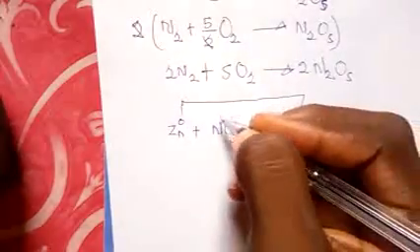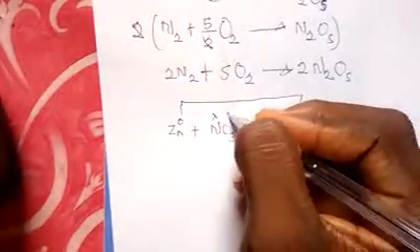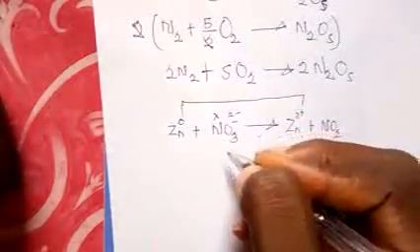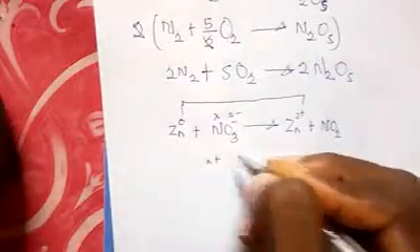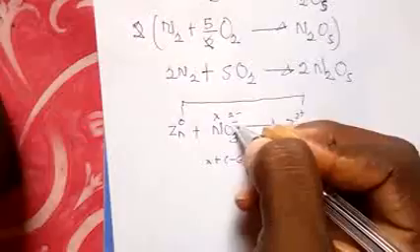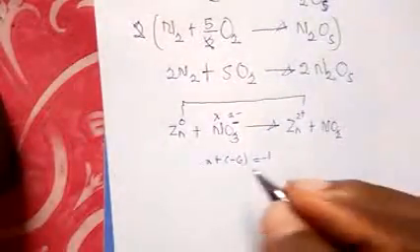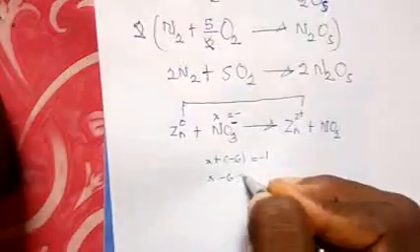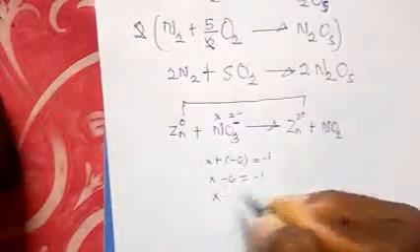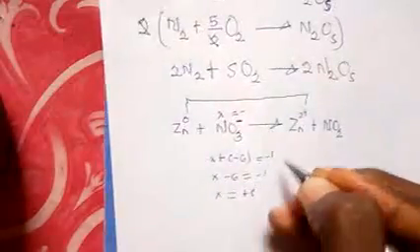Now, N here is X. Always O is 2 minus. So we have X plus 3 times 2 minus, which is 6, equal to minus 1, and X minus 6 equal to minus 1. When you carry the 6 across, X will be equal to plus 5.